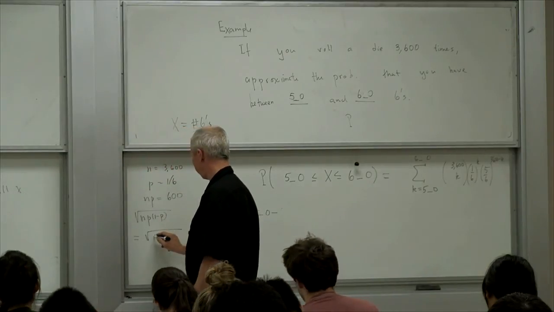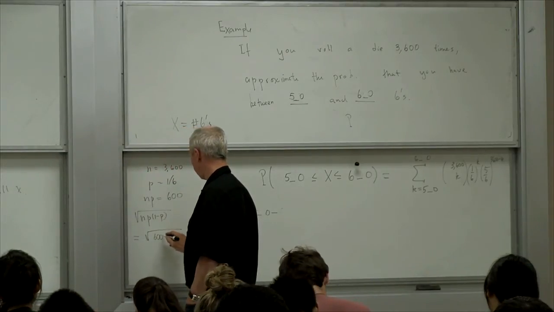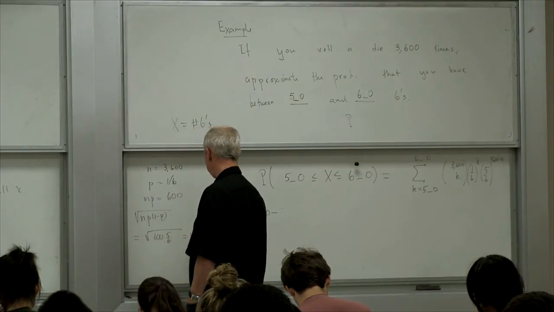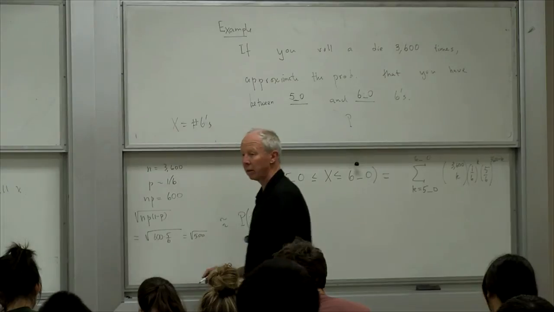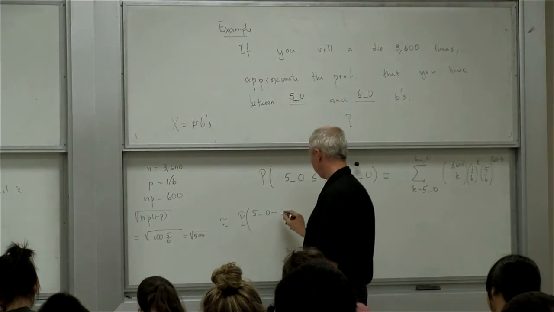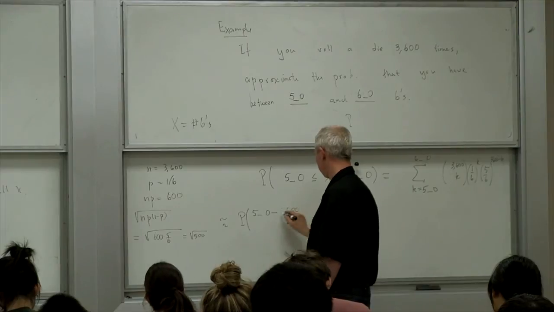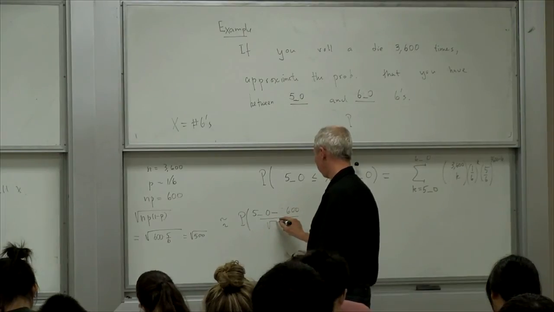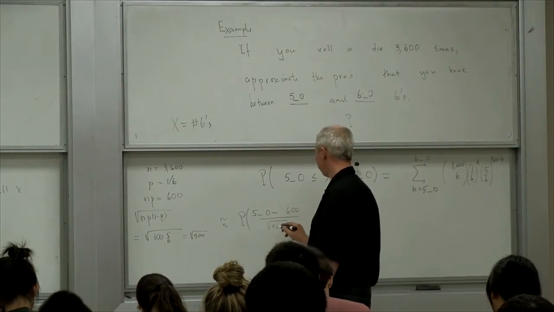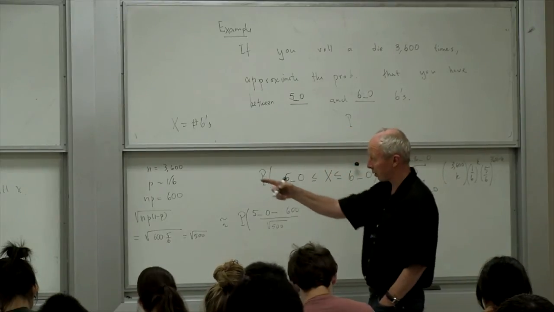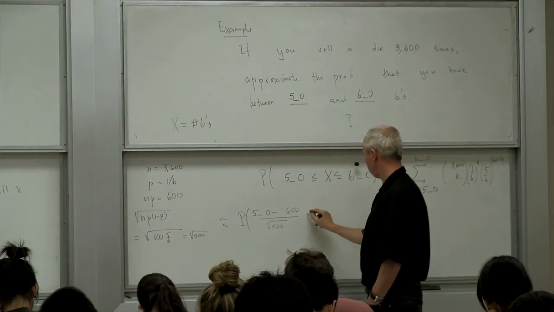This is what? 5/6? 600 times 5/6. That would be the square root of 500. Is that right? So we have 550 minus 600 over the square root of 500. I'm subtracting np from everything and dividing by the square root of np(1 minus p), just as in that expression over there.